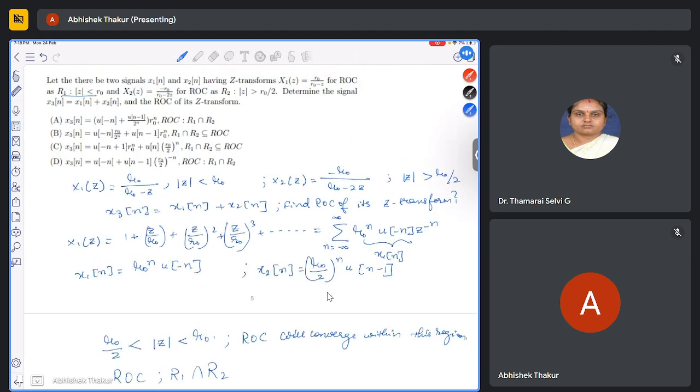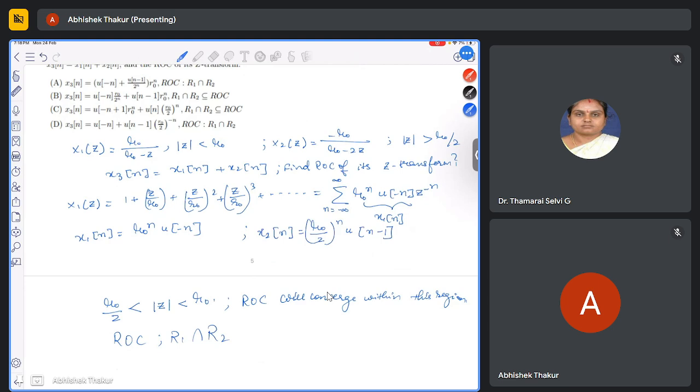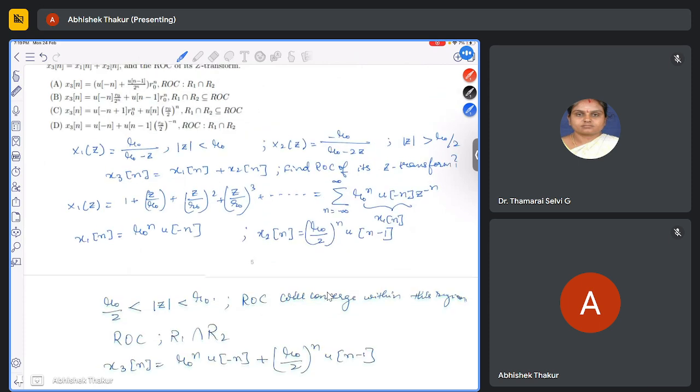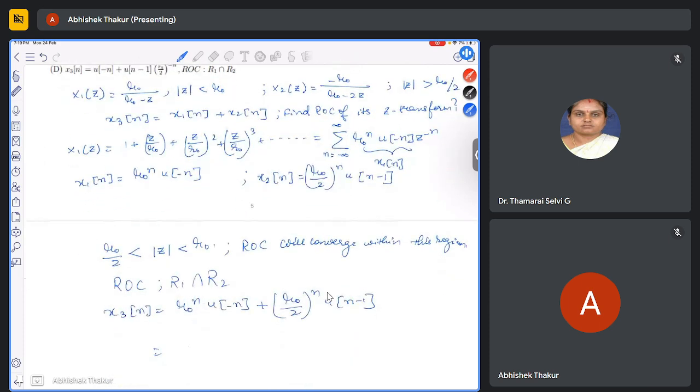So here you can see x3[n] is x1[n] plus x2[n]. So we can simply write, we will take r naught to the power of n common.